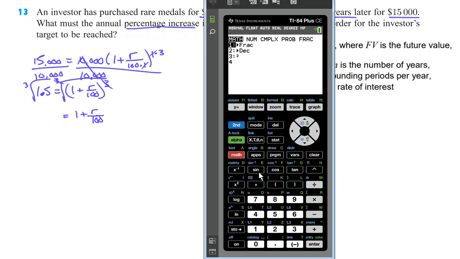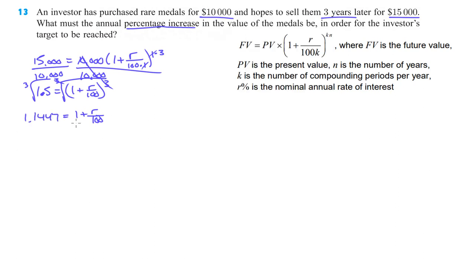On mine, I think I actually have a cube root button. Yep. Cube root of 1.5 gives us 1.1447, equals 1 plus r over 100. So subtract 1 from both sides, and we get 0.1447 equals r over 100.